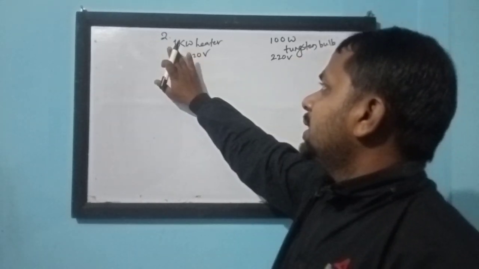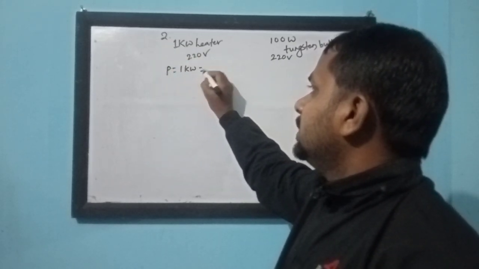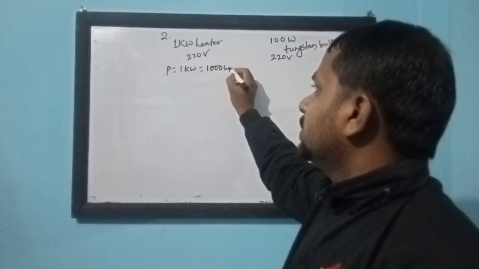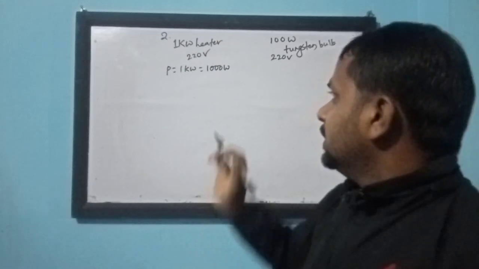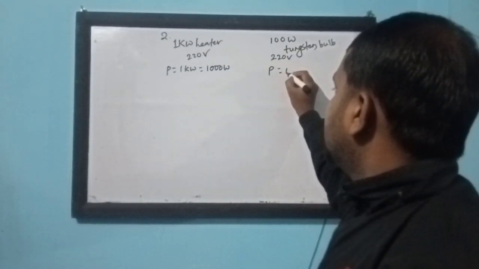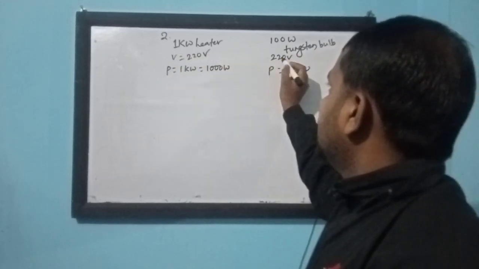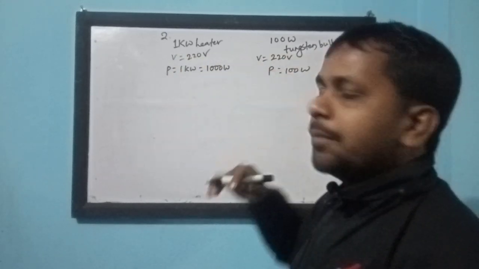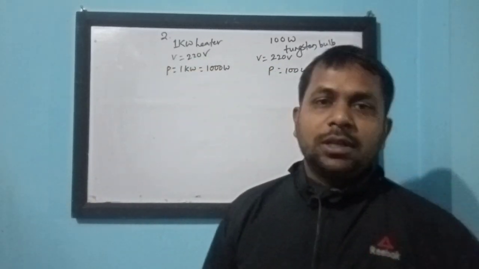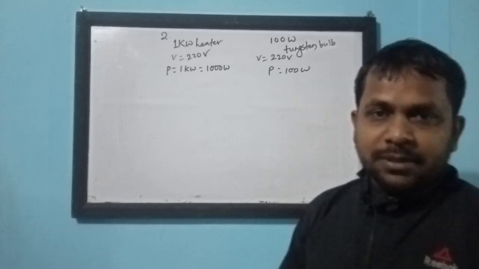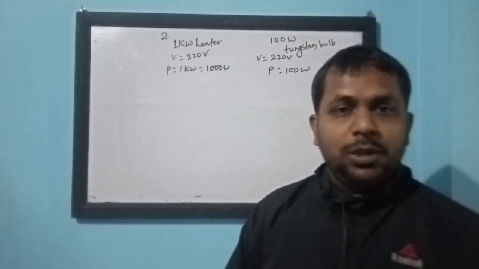This is a 1 kilowatt heater, which means it is 1000 watt. We can change kilowatt into normal watt. Similarly, here power is given as 100 watt, here the V value is given as 220 volt, and this V is also the same. It is said that both instruments are supplied with 220 volt potential difference, so the V value will be 220 volt for both.